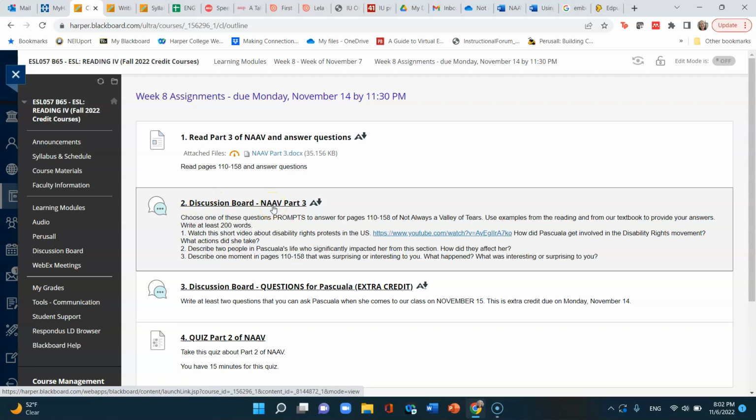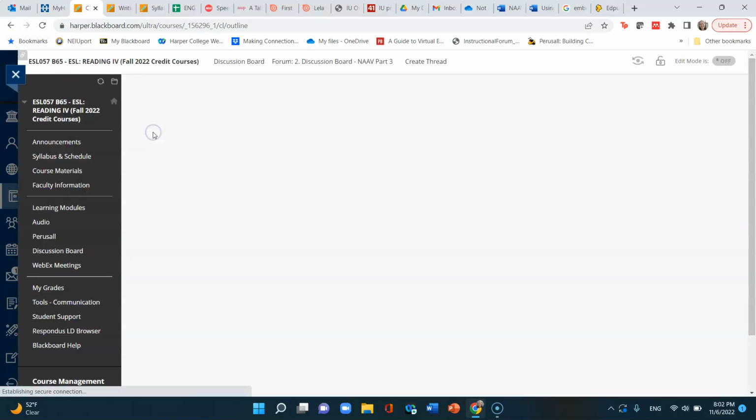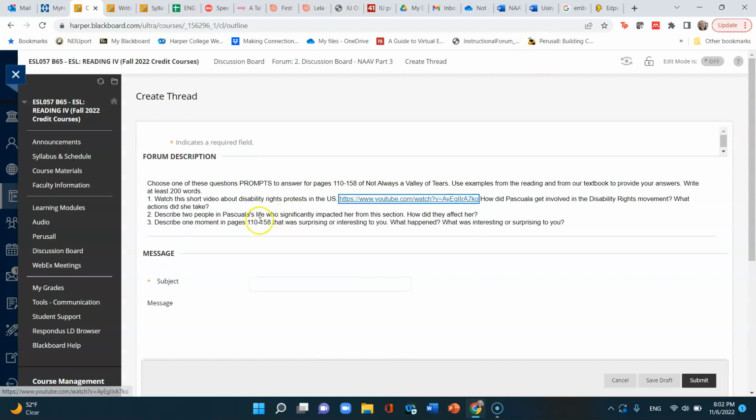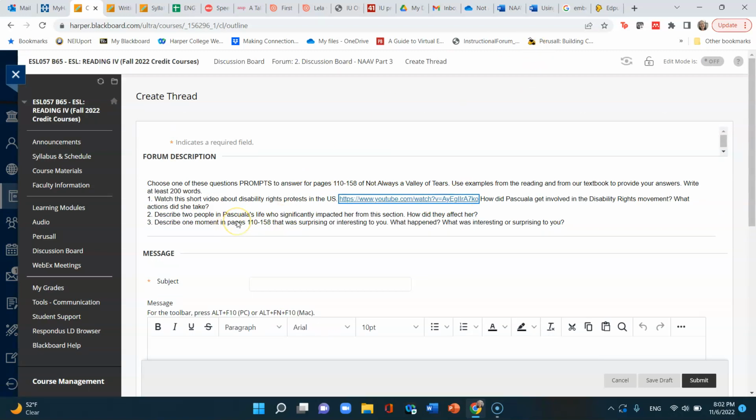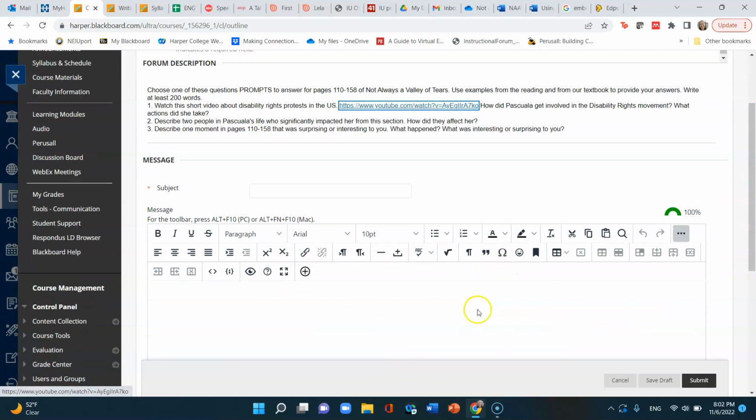So when you're writing your discussion board and answering the questions, make sure to include a quote and quote appropriately. So for example, if I'm going to describe something that was interesting or surprising to me, maybe something about how Pasquale protested, I would say, according to Pasquale, and then I would put the quotation marks and use a quote from the book.